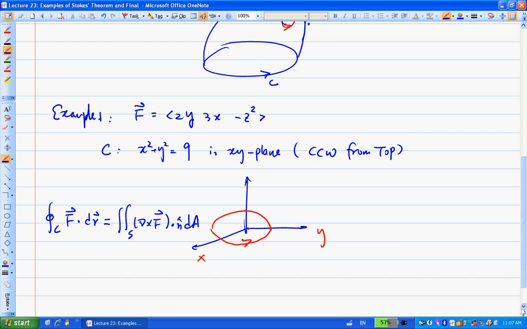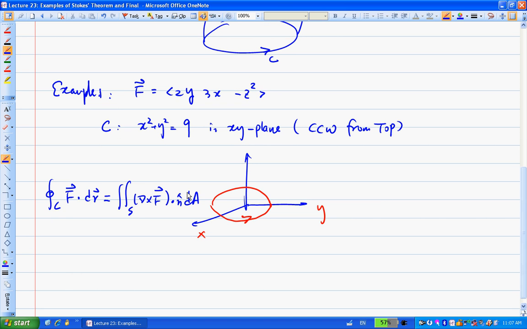So now, using Stokes Theorem, we're going to focus on this side here. Number one, focusing on this side, you need a surface to calculate this double integral. But this question didn't specify any surface for you.